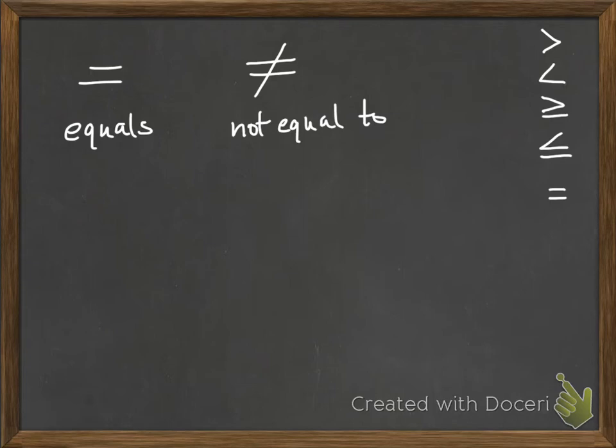The next symbol that I wanted to discuss was plus or minus. This is a big one. You see this one with margin of error, like the average age is 5 plus or minus 2.